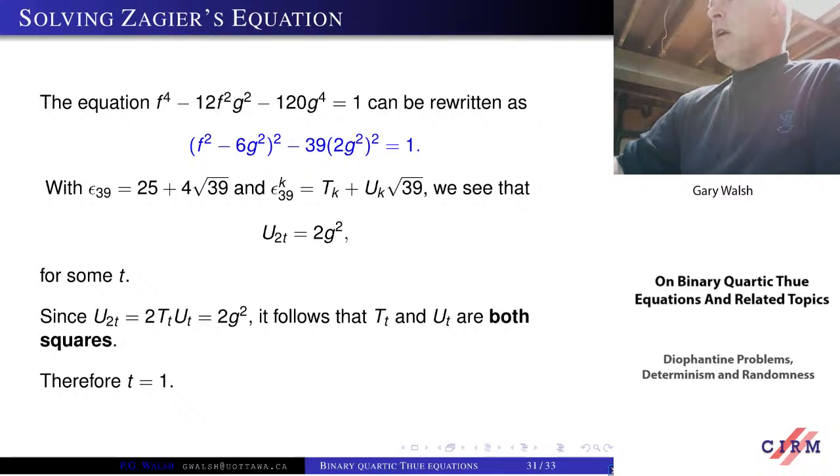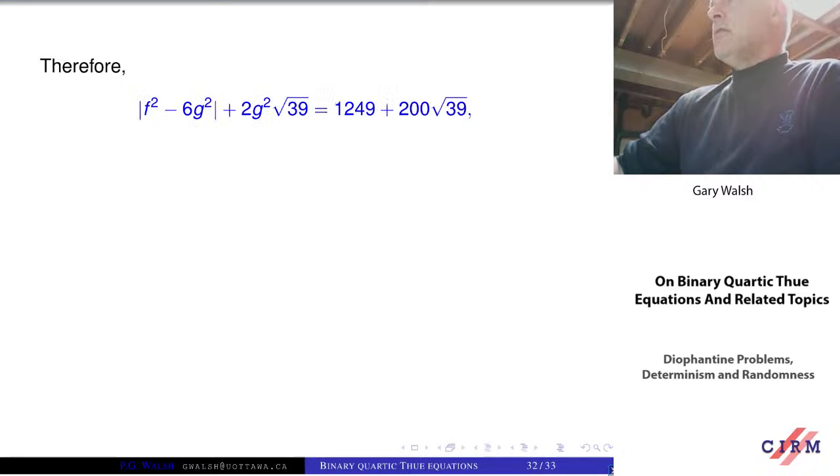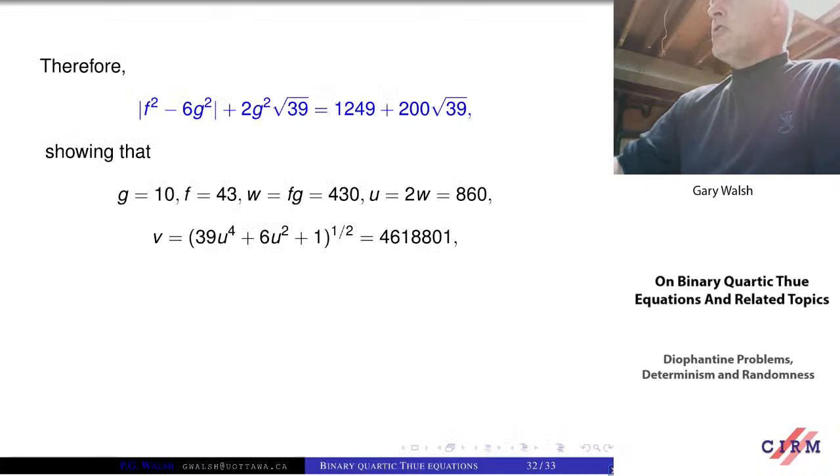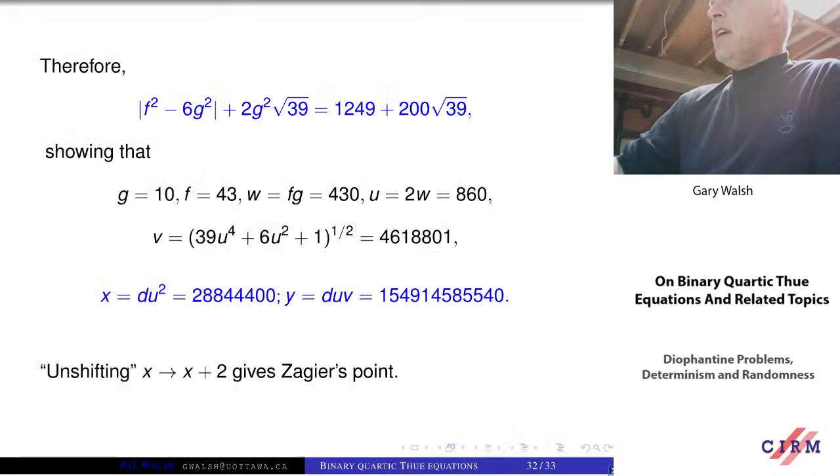Okay, so what does that tell us? That this number that we had on our previous slide has to be the square of the fundamental solution. And this gives us our values, g, f, w, u, and so on, v, and finally, x and y are the numbers that come from Zagier.